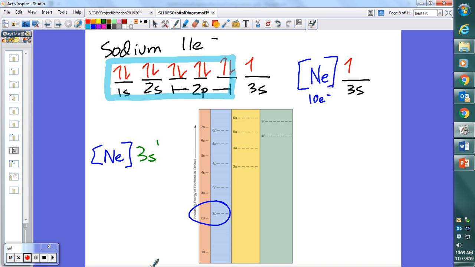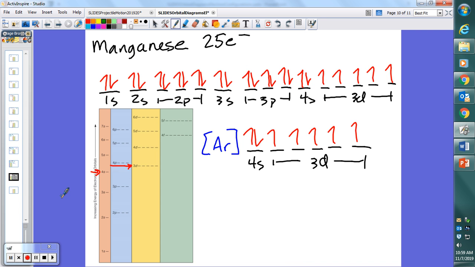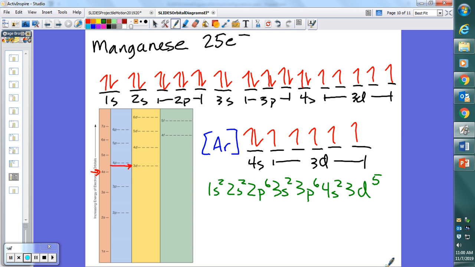And then, if we apply all the stuff we've learned, right, for manganese, so that would be the full electron configuration for manganese, all right?